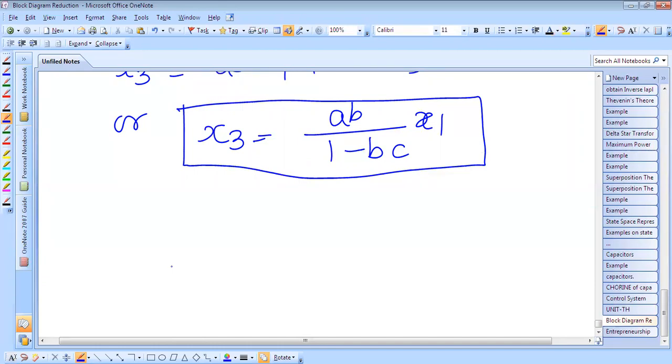To apply the signal flow graph methods, we must first transform the linear differential equation into the algebraic equation. So let us consider one system having the following set of equations, and we have to draw the signal flow graph for that. One by one we'll draw this.